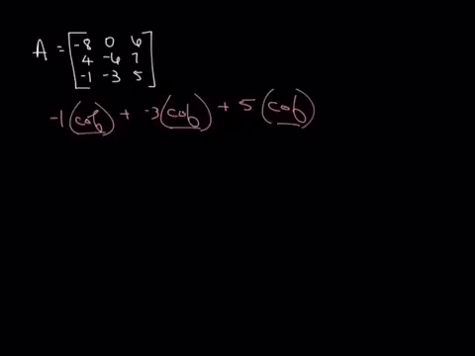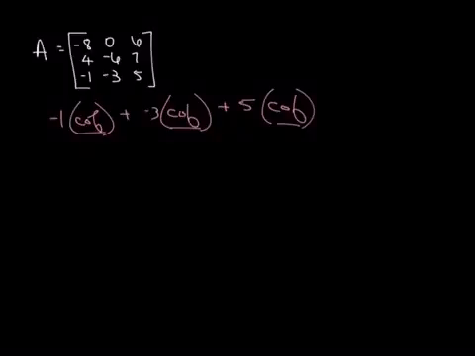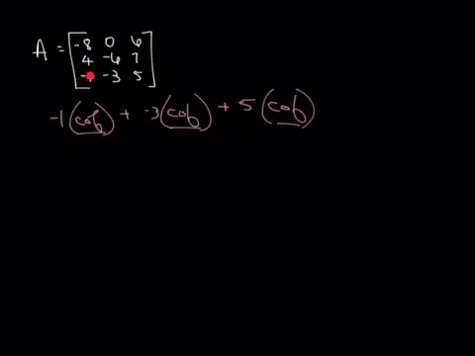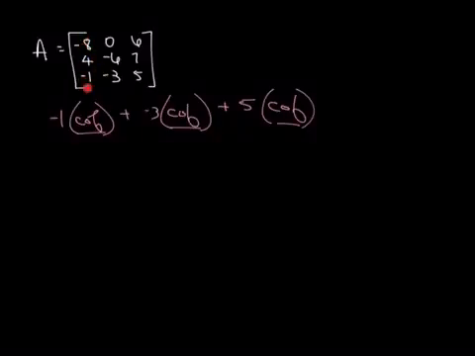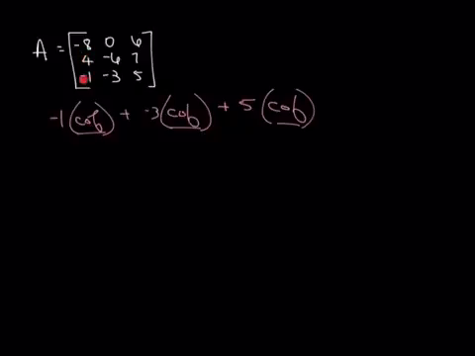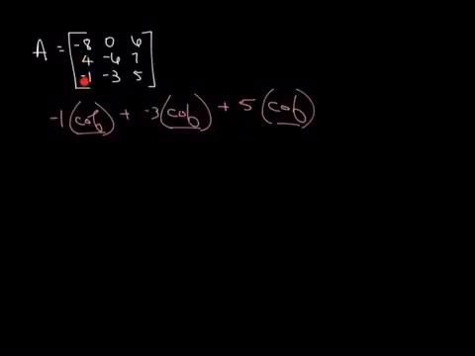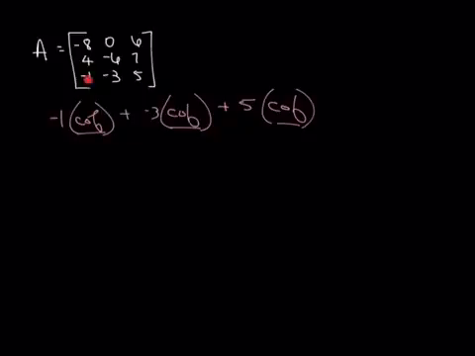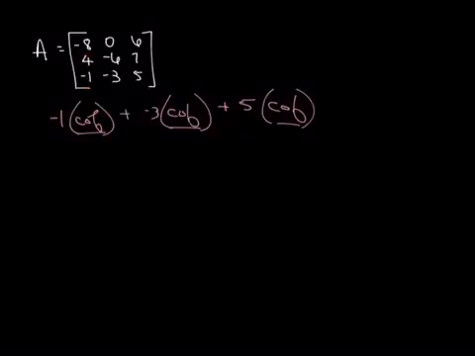All right, so to find the cofactor of this negative 1 right here, we have to find out what position this negative 1 is in. It's in row 3, column 1.